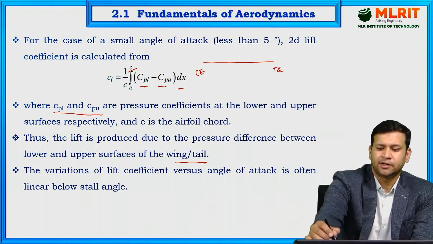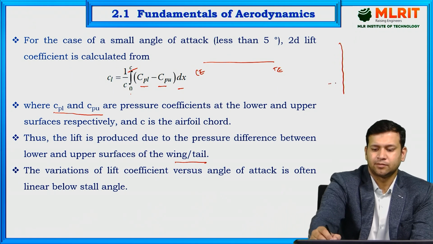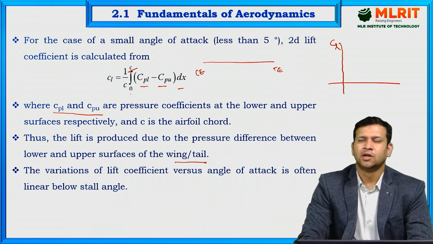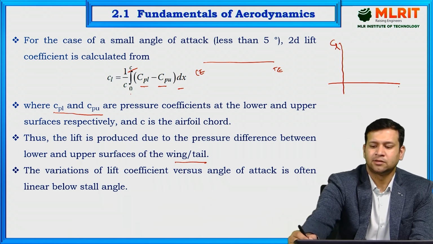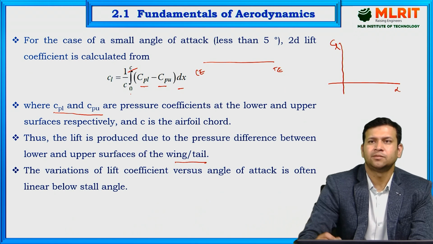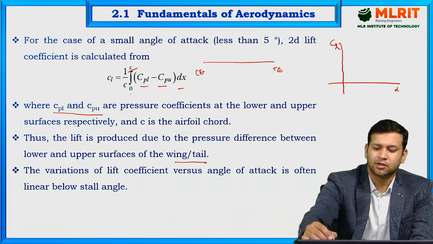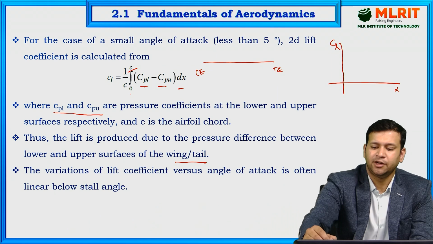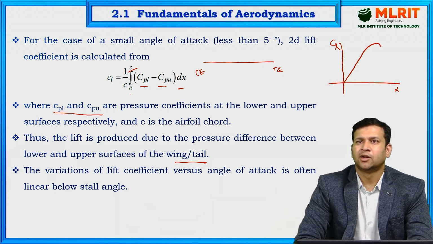This will be like this: this is cl, we are taking an example of an airfoil, and this is alpha. So let's consider a symmetric airfoil. It will be linear, and then there will be a curve and a dip in the lift curve.